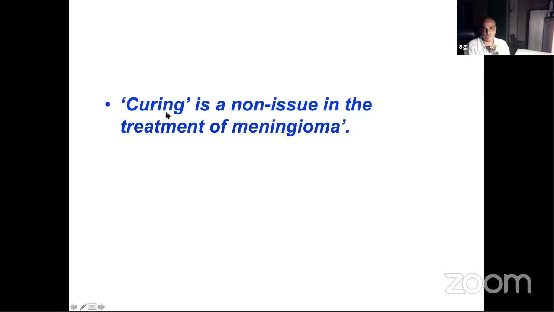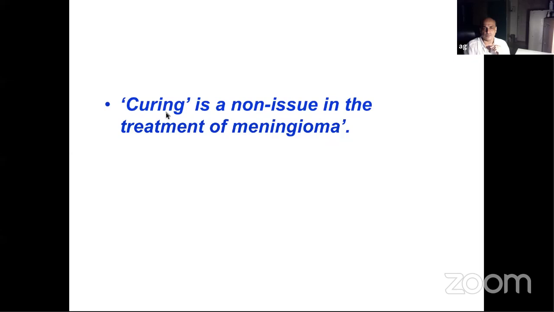I'm not saying that I'm able to preserve the function of all cranial nerves when I operate on the tumor. Don't misunderstand me. But my aim of resection is preserving the function and radical resection of all meningiomas. But complete resection by removing the cranial nerve is not my aim.